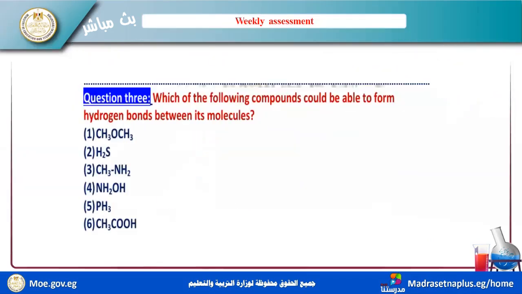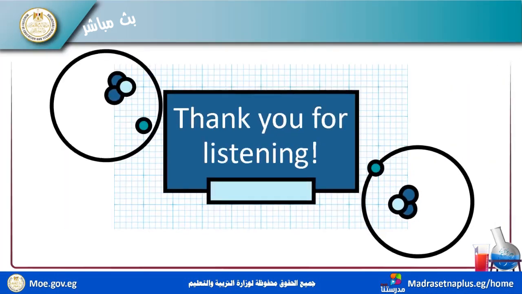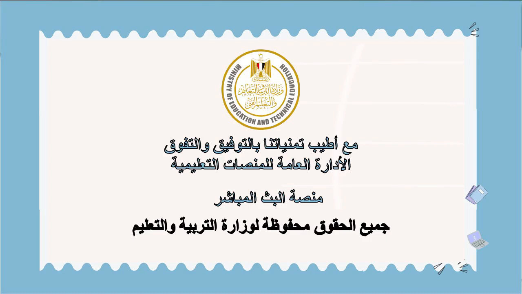Which of the following compounds could form hydrogen bonds between its molecules? I have CH3NH2, NH2OH, and CH3COOH, because hydrogen bonding depends on the difference in electronegativity.